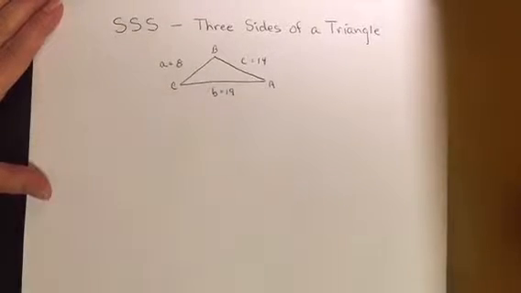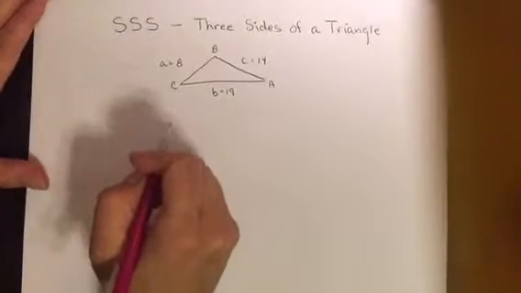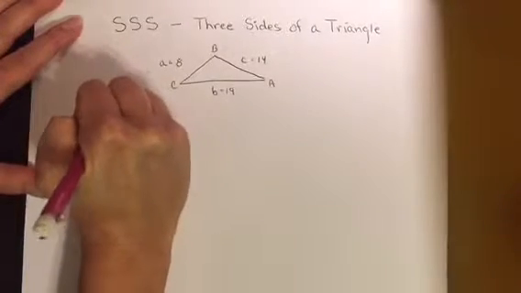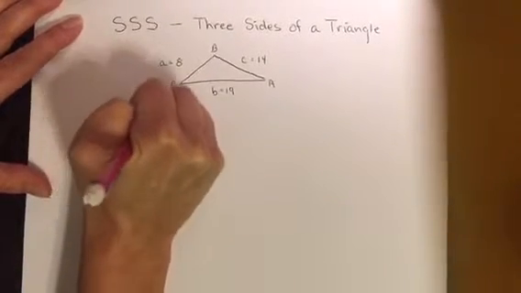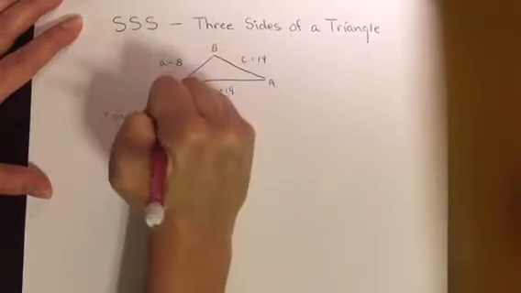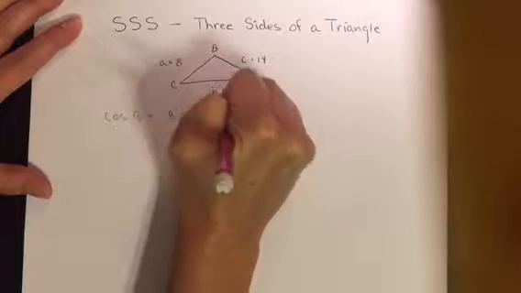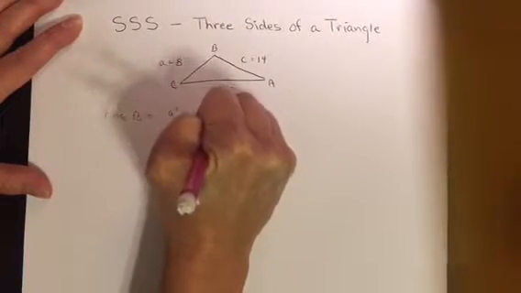So I have my triangle drawn here for me. And I'm just going to go ahead and write the law in the form in which I need it. Cosine B equals a squared plus c squared minus b squared over 2ac.